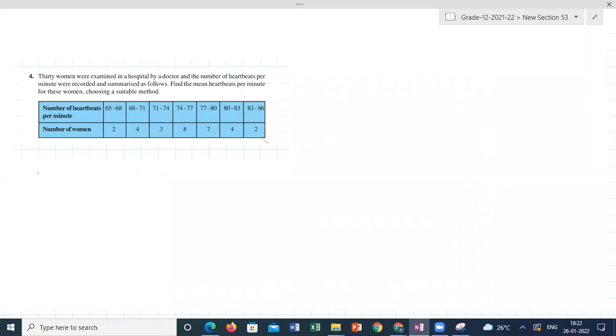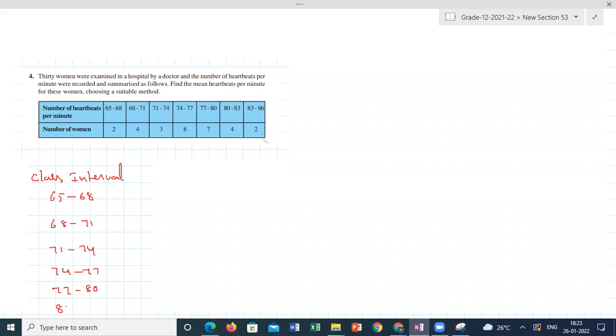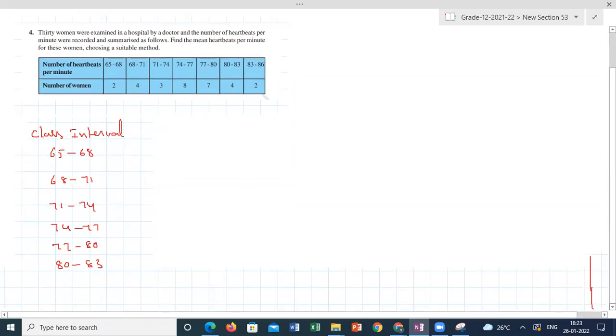See here, class interval: 65 to 68, 68 to 71, 71 to 74, 74 to 77, 77 to 80, 80 to 83, 83 to 86.